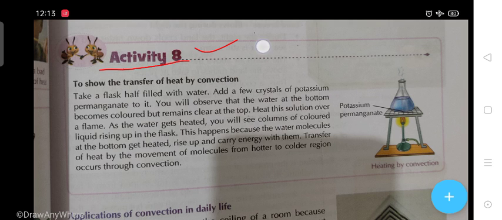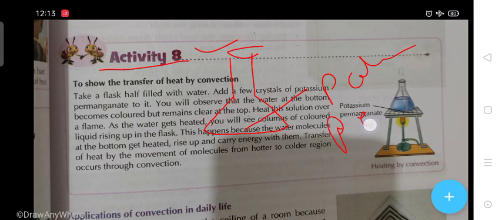Students, you have to take a flask. Understood? Simply take a flask, and in this flask add potassium permanganate, and it also contains water.